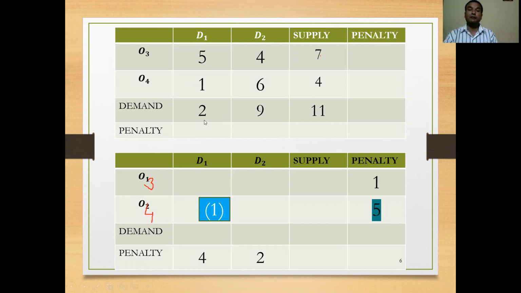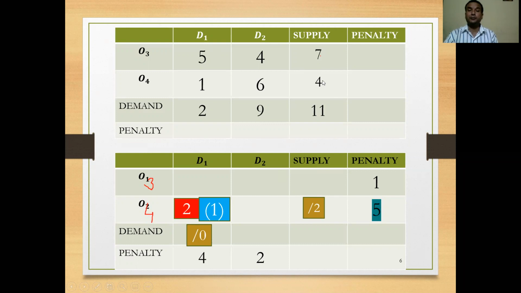We have a requirement of 2 in this cell, and we have supply item 4. So maximum 2 items can be distributed there. After supplying these 2 items, the total requirement of this destination becomes 0, and supply items will still be there as 2. Hope you understood. Out of 4 items we have supplied these 2 items here, therefore 2 items are still there.